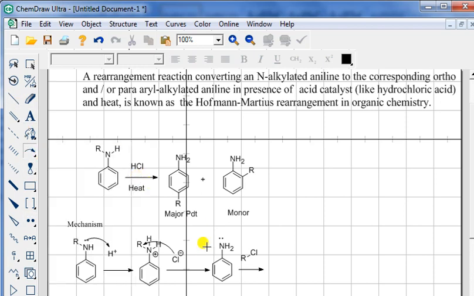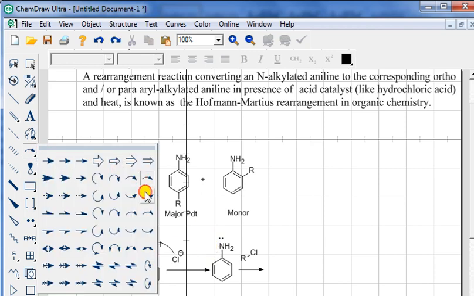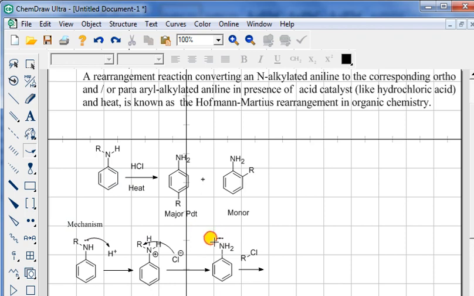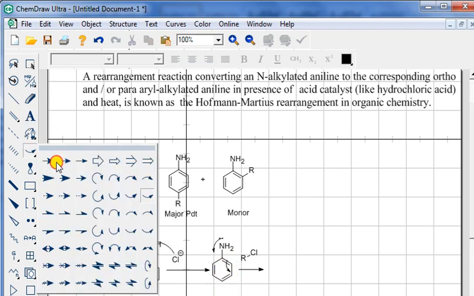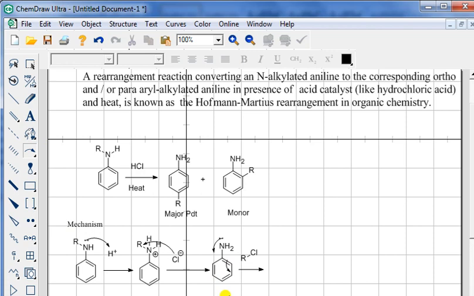Now as usual the reaction will go. We will take the opposite arrow, this one. So here it's come, then this bond will come to here, and this double bond will attack now. Opposite double bond, this double bond will attack here.